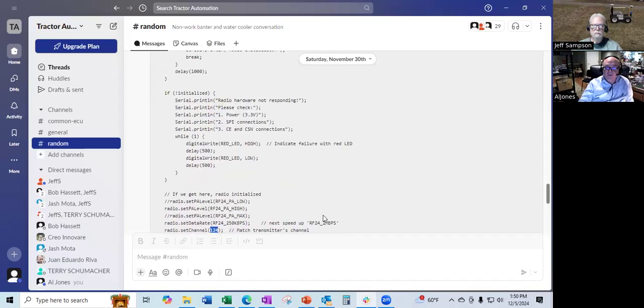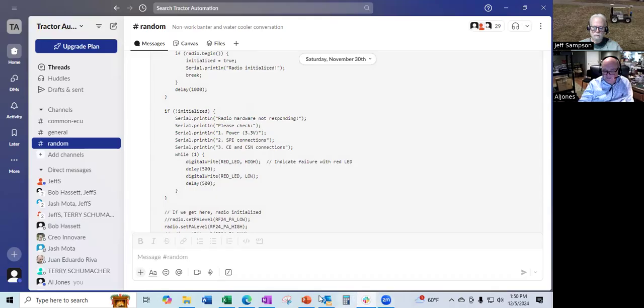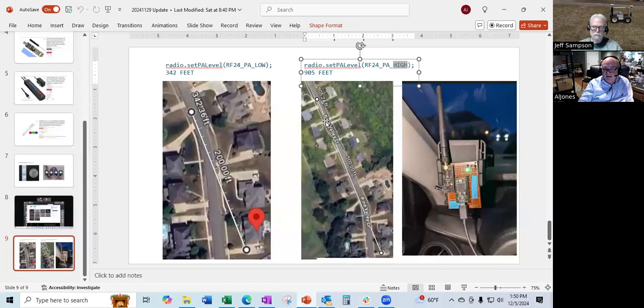The other thing probably worth noting is I got 900 feet, and this, as you can tell, is inside a car. So it's got to go through that glass, which is going to provide some blocking factor. And the other one was in a car too.